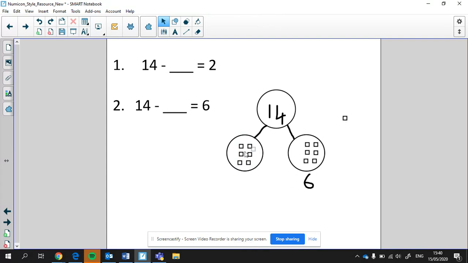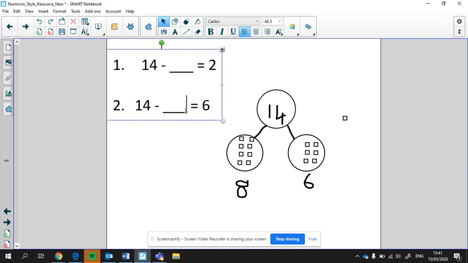I'm going to line them up so I can see that's 8. So 6 and 6 was 12. So I'm going to use that to help me say 6 and 8 would be 14. 6 and 6 was 12, 13, 14. The parts are 6 and 8. I'm going to put the 8 just in here.